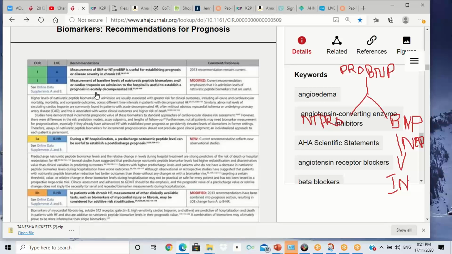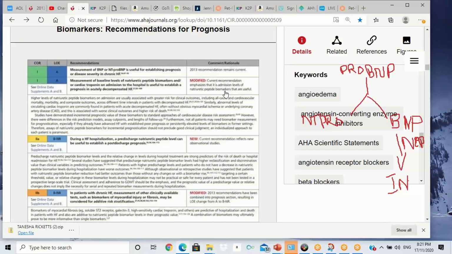So we're not talking about chronic heart failure now. A patient comes in with acute heart failure. You should do a BNP level. The current recommendation emphasizes that the admission level of the BNP is useful in terms of prognostication.